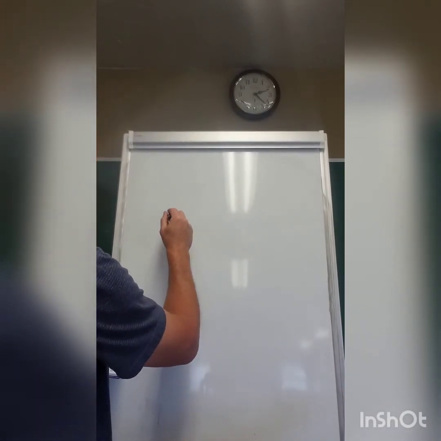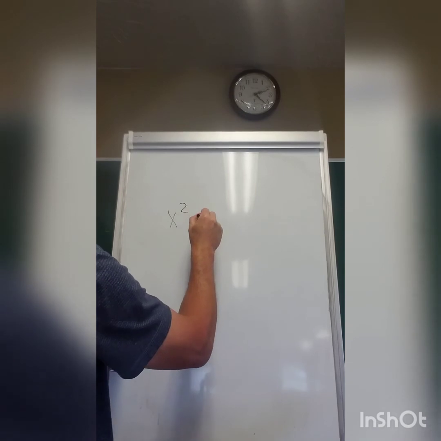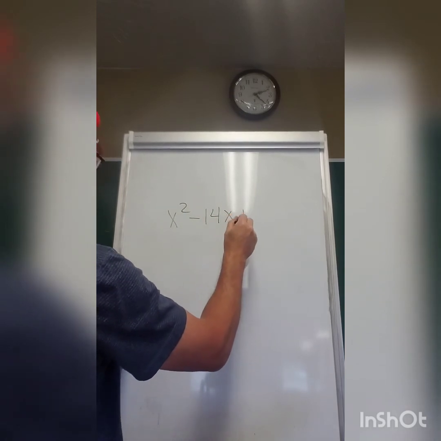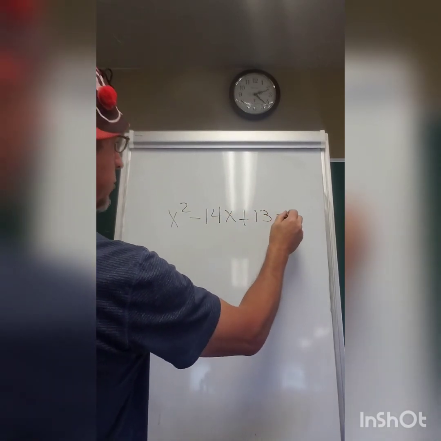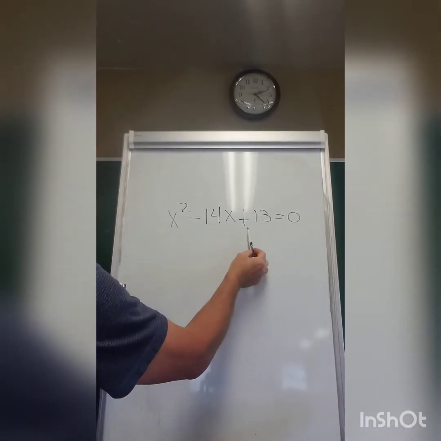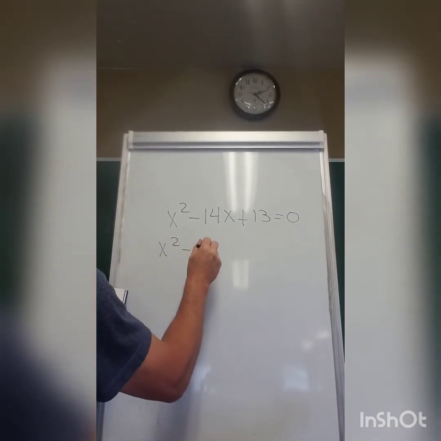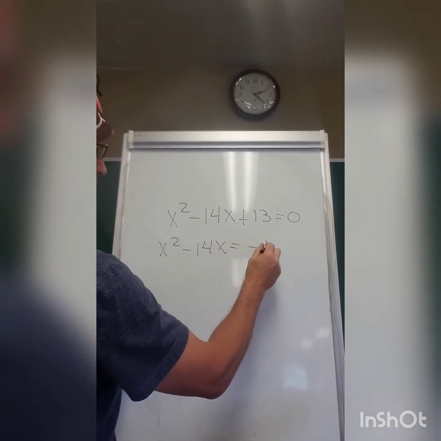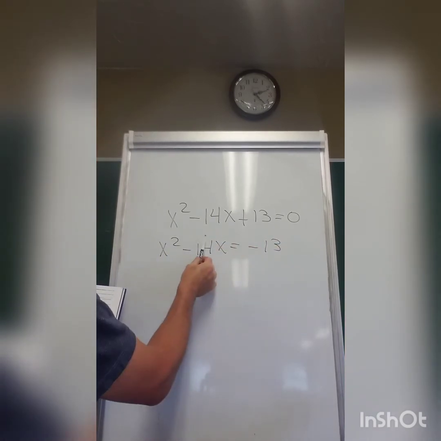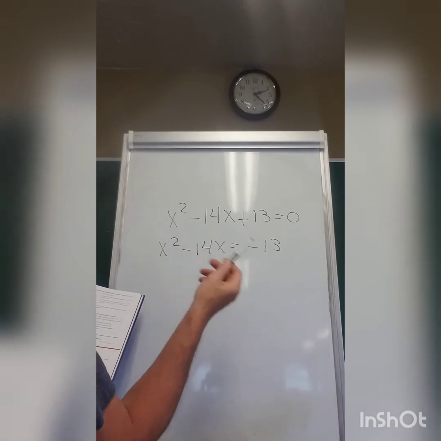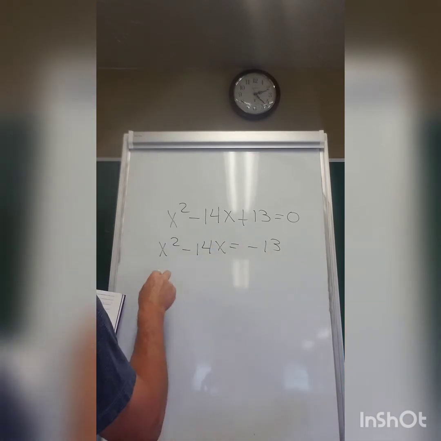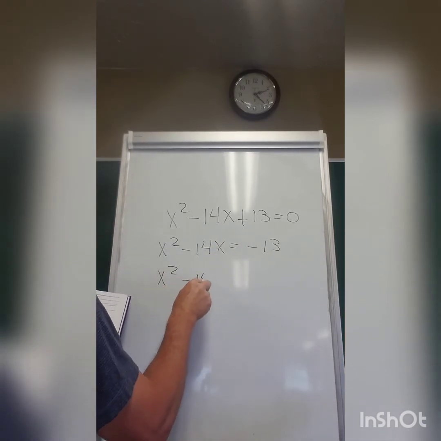Okay, number 2. X squared minus 14x plus 13 equals 0. Move the constant over to the right. Equals negative 13. Divide by 2, which is 7. Square it, which is 49. Add 49 to both sides.